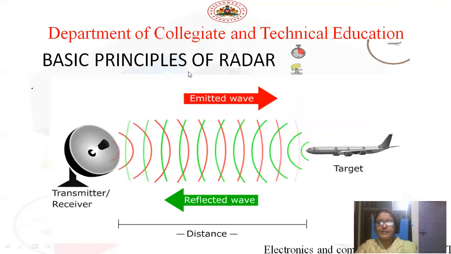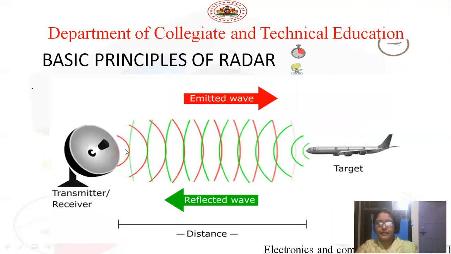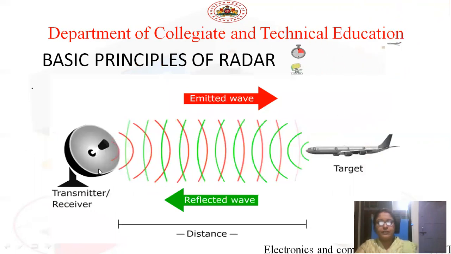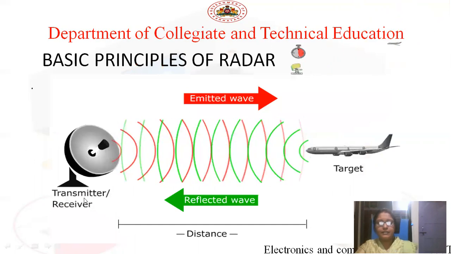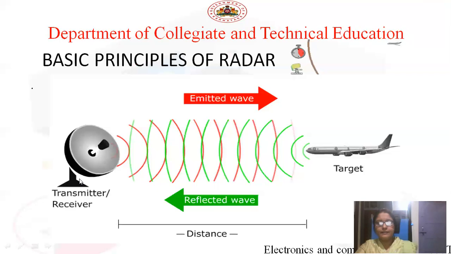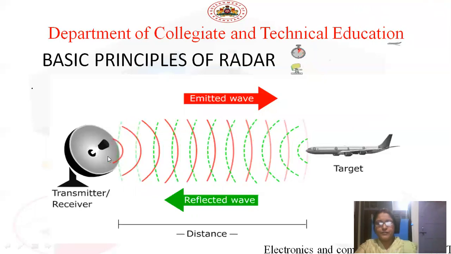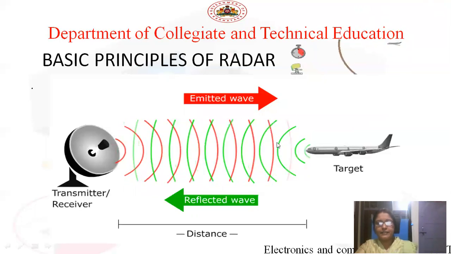Now, if you observe the basic principles of the radar here, we have the radar station, and this is the target section. In the radar station, we have the transmitter section, receiver section, and the antenna arrangement. The basic principle is that radio waves or RF signals are radiated in space.